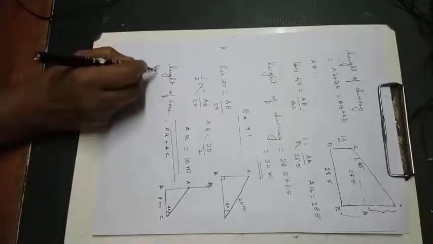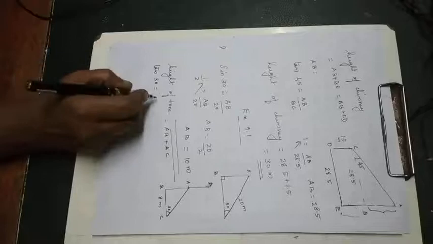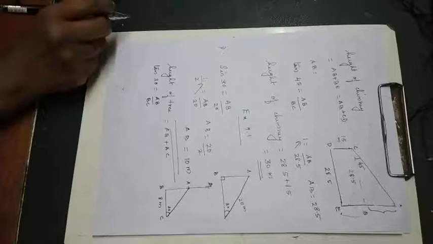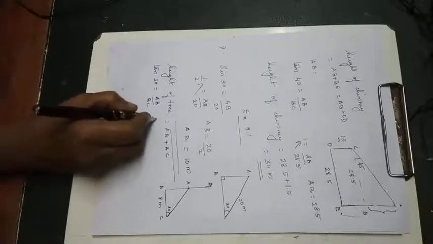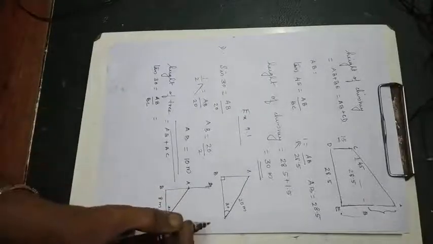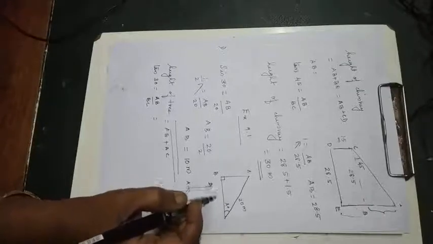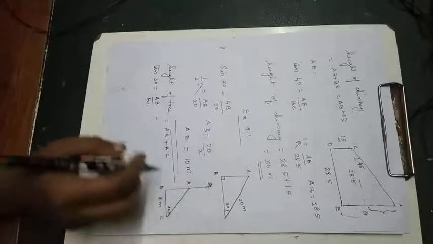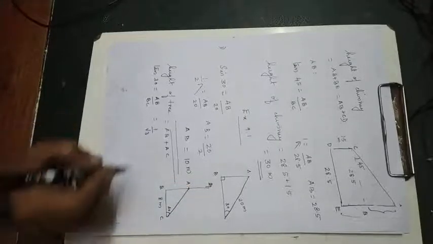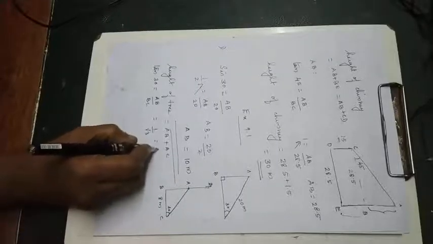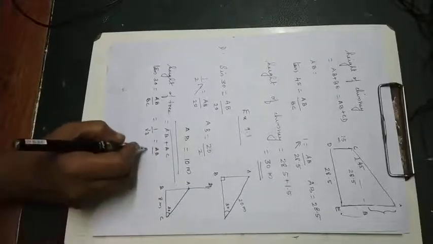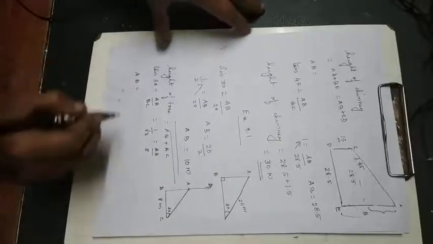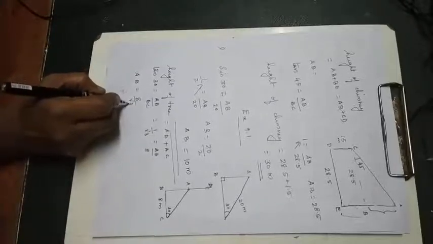So tan 30 is equal to AB by BC. Now what is the value of tan 30? Tan 30 value is 1 by root 3. 1 by root 3 is equal to AB by 8, or AB is equal to 8 by root 3.